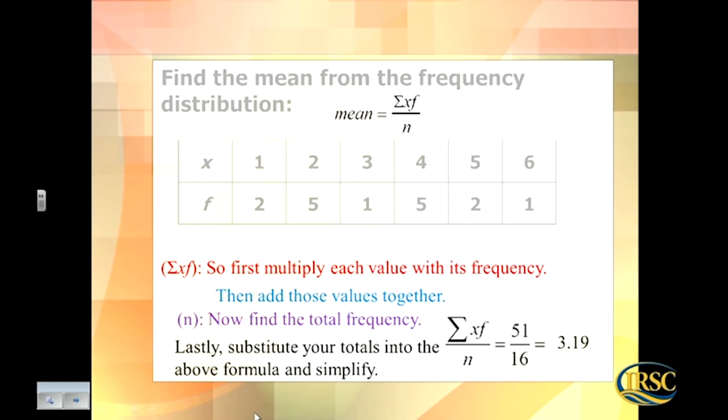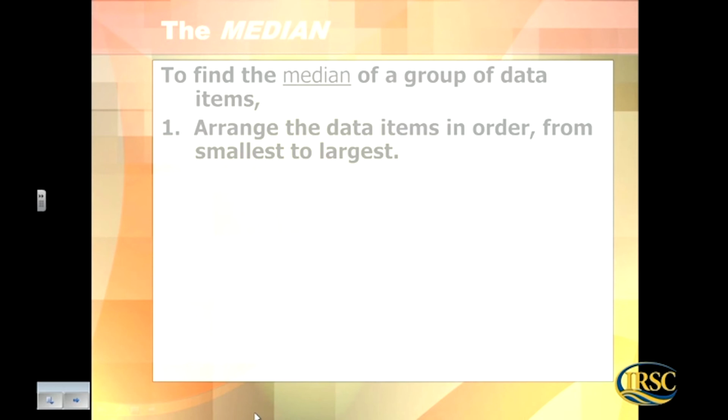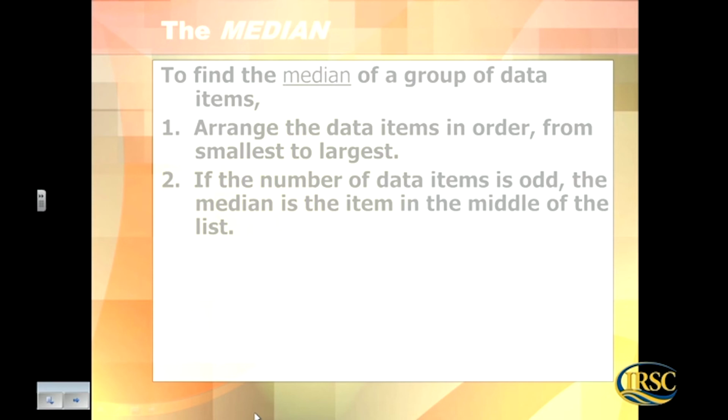The next type of measure of central tendency that we're going to look at is the median. To find the median of a group of data items, you want to first arrange the data items in order from smallest to largest. If the number of data items is odd, then the median is the item in the middle of the list.